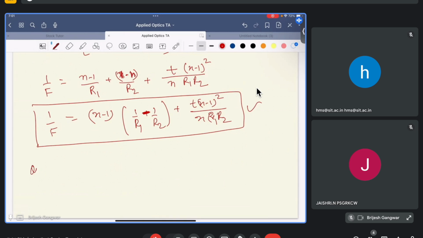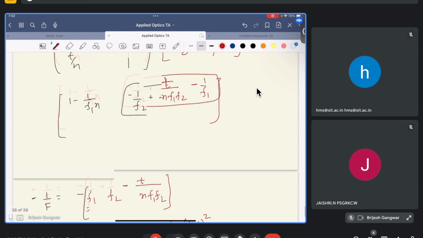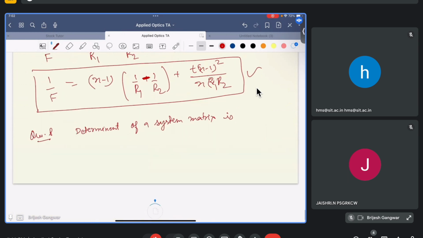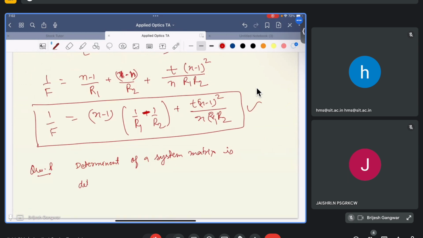Now next, question number 8 is, what is the determinant of a system matrix? We always know that whatever matrix comes for any optical system, the determinant of that matrix is 1.